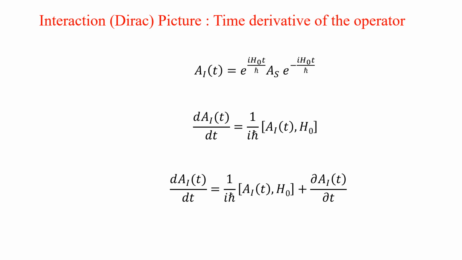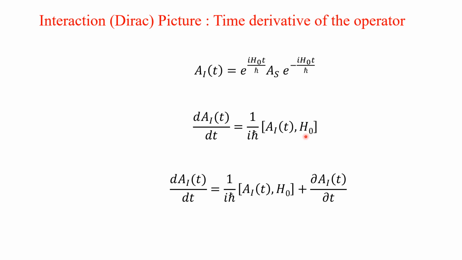Now we will see the time derivative of the operator in the interaction picture. If you differentiate and rearrange the terms, I have done the same thing in the case of the Heisenberg picture, you will get 1 over i h cross times the commutator of the operator.